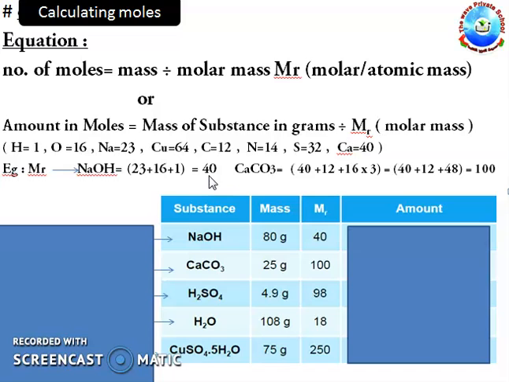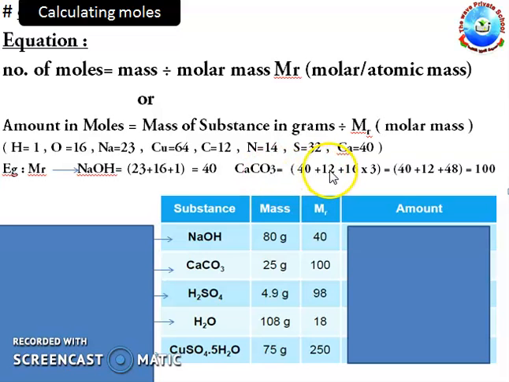Similarly, what is the molar mass or atomic mass of CaCO3? Calcium is 40, plus carbon is 12, plus oxygen is 16 times 3, because there are 3 atoms of oxygen.